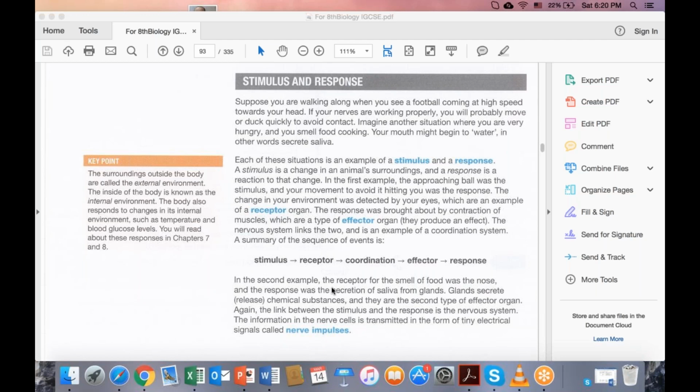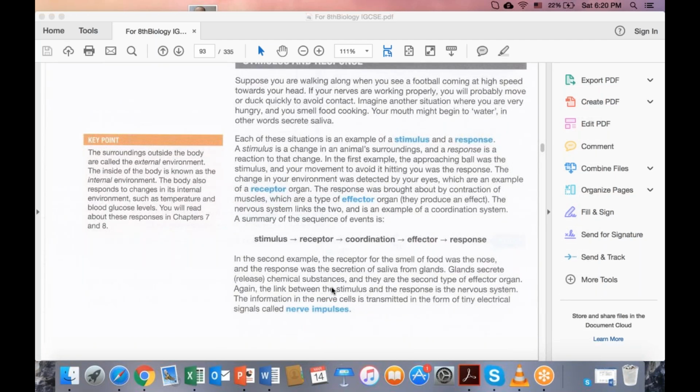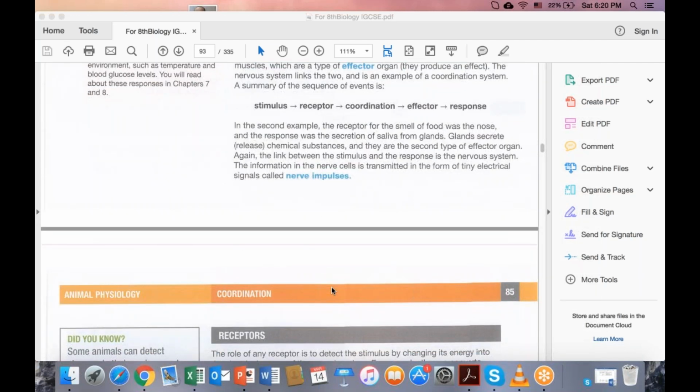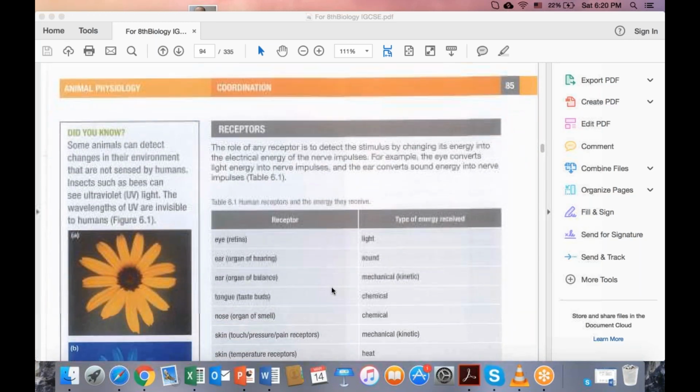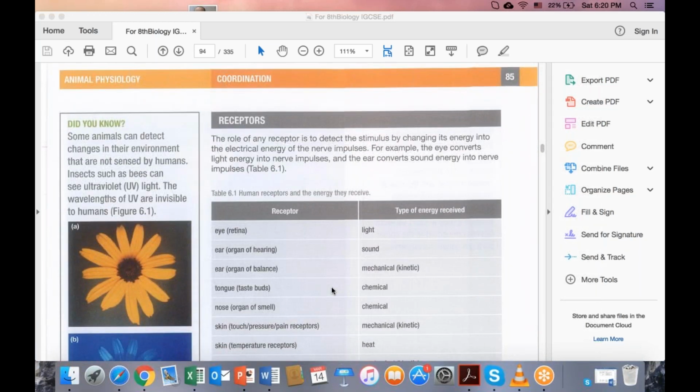Firstly we need to know that a receptor converts any environmental change to a nerve signal, and the nerve signal is carried by different types of cells in our nervous system. In different sensory organs we have different receptors.